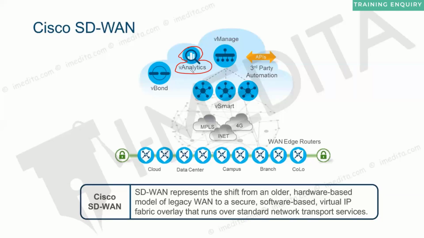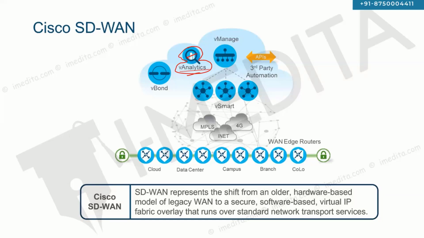The only purpose of vAnalytics is to get analytical reports, rich reports that you can present to your higher management to show them what's happening in your network, like how much bandwidth utilization, which are the most used applications in your organization, which user is accessing the most data, and all that kind of stuff can be seen in the vAnalytics reports.